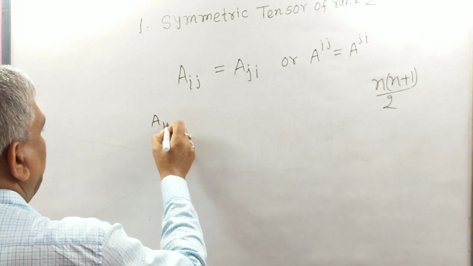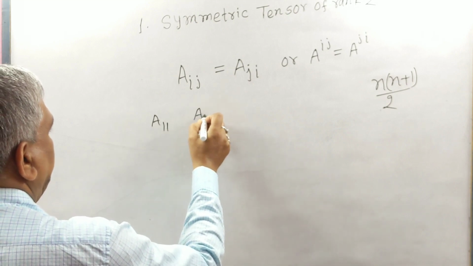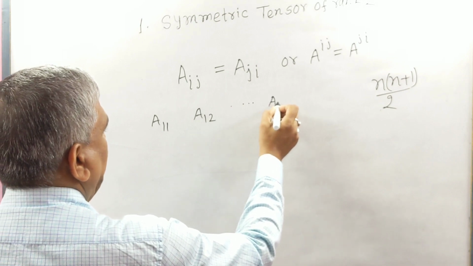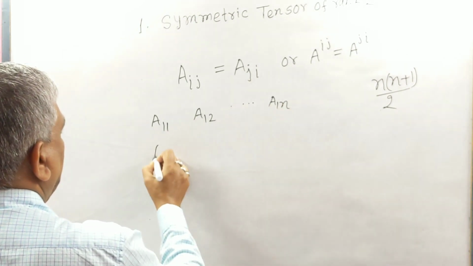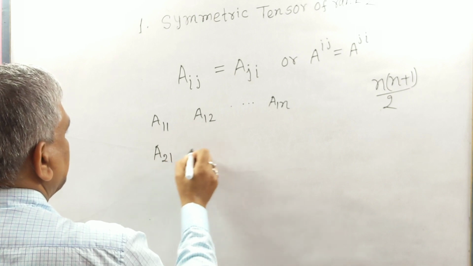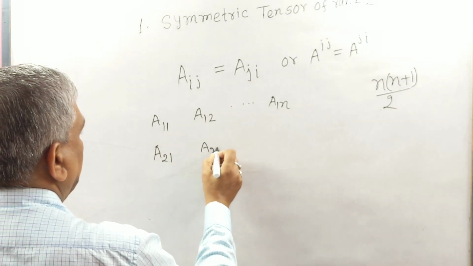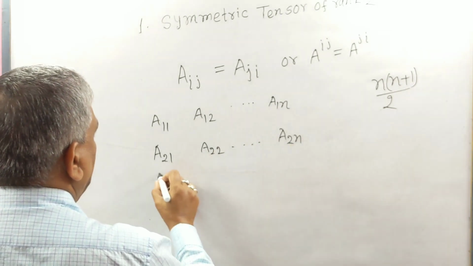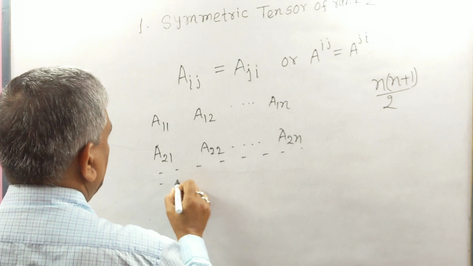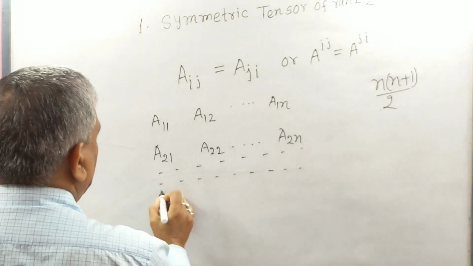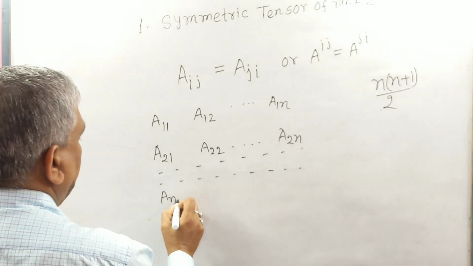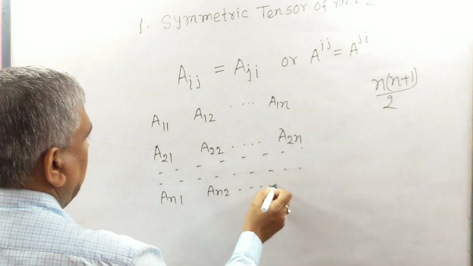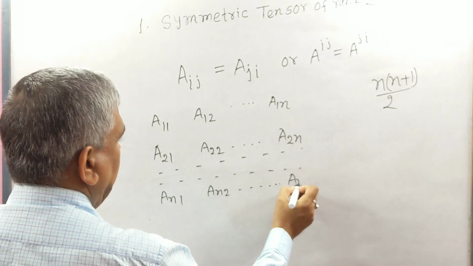We get A11, A12, A1n, A21, A22, A2n, dot dot dot, An1, An2, Ann.